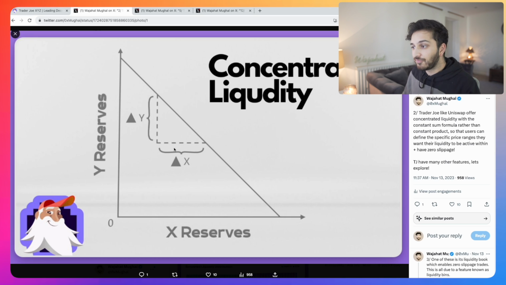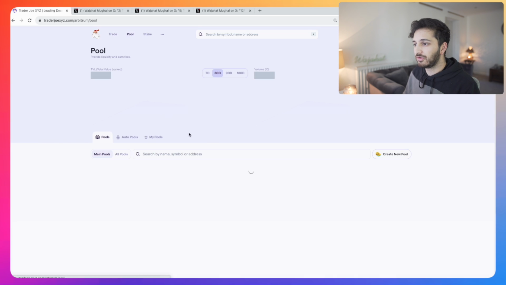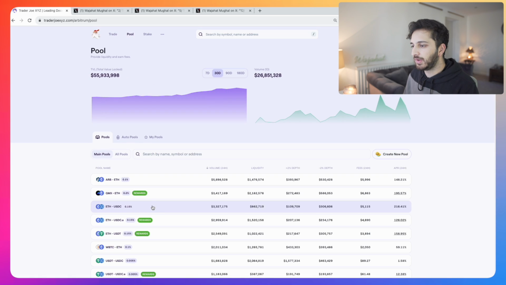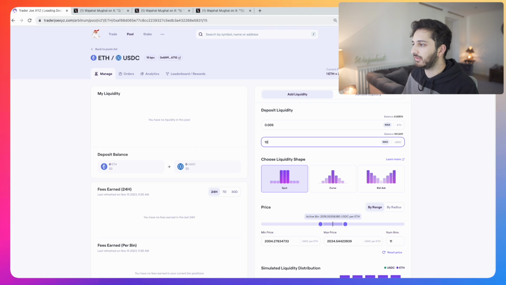So that's the first thing that you need to know. The liquidity model is different, because they use the constant sum formula, and they have this concept called liquidity bins. The best way for me to show you what liquidity bins are is to go on Trader Joe and show you directly. So let's go to the pool tab. We are just going to pick ETH USDC because it's pretty simple. And I'm just going to enter a small amount of ETH and USDC.